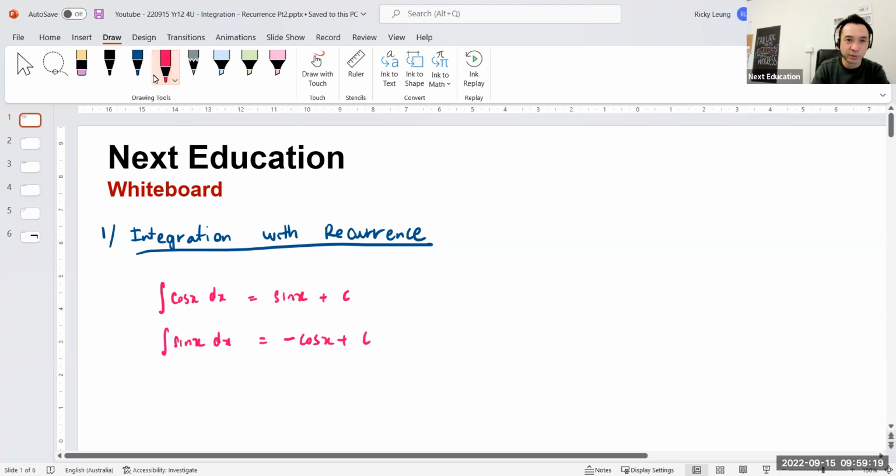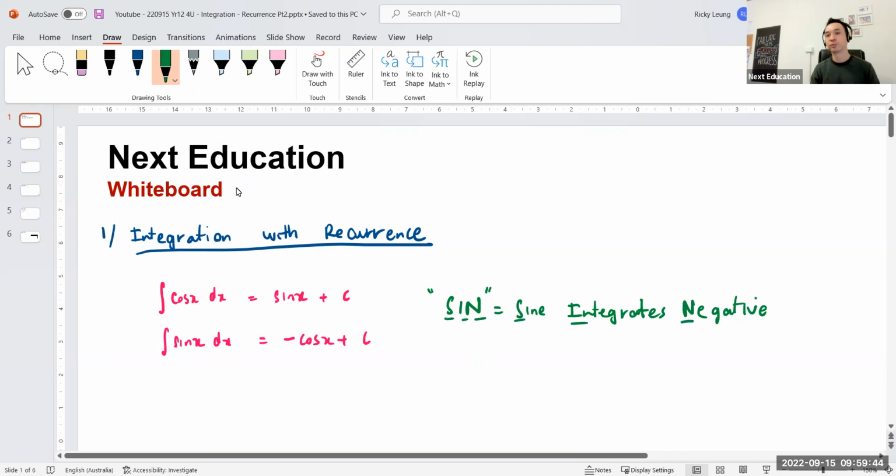A student once told me a good memory aid for whether sine or cos integrates to a negative: sine integrates negative. It's a really neat way of remembering that, and it helps. If that works for you, good. If not, that's fine as well.